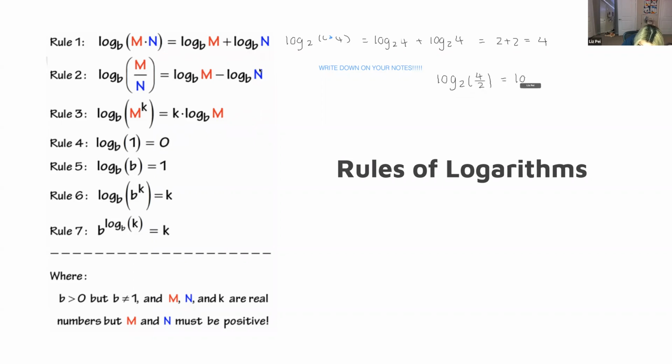That will be log base 2 of 4 minus log base 2 of 2, which is 2 minus 1, which is 1. So these might seem really simple right now and seem unnecessary to expand them.